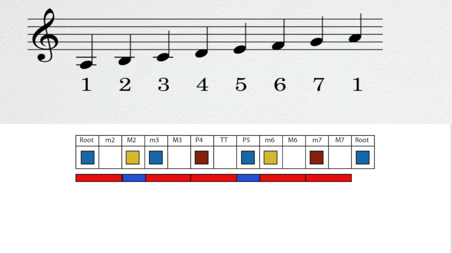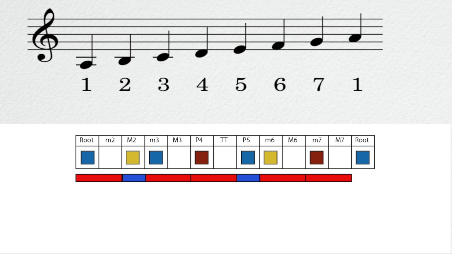The whole steps are now between scale degrees 1 and 2, 3 and 4, 4 and 5, 6 and 7, and 7 and 8. The half steps are now between scale degrees 2 and 3, and 5 and 6.